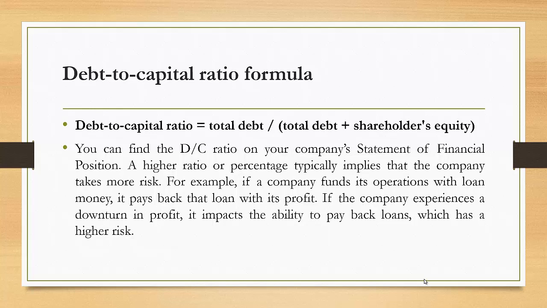The sum of total debt plus shareholders equity gives us the total capital of the company, and we check total debt in relation to total capital. And I have already discussed that if the company experiences a downturn in profit when it is having a higher ratio of debt to capital, it impacts the ability to pay back loans, which is a higher risk for the company.